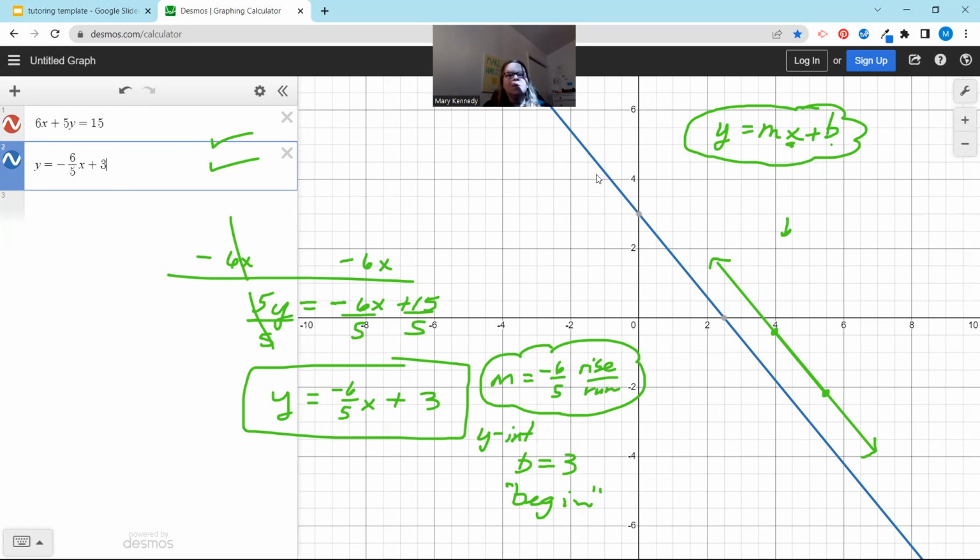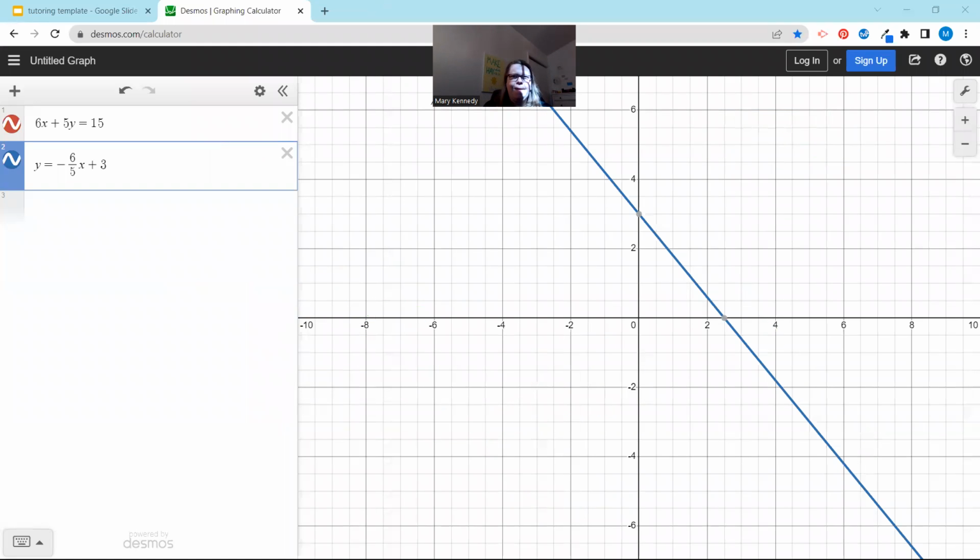Let me erase what we had from our drawing so that you can see just what's on the Desmos here. So let's see if I change that to 2, just so you can see the 2 different lines. Now, if I change it back to what it should be, it goes right on top of the original red line.